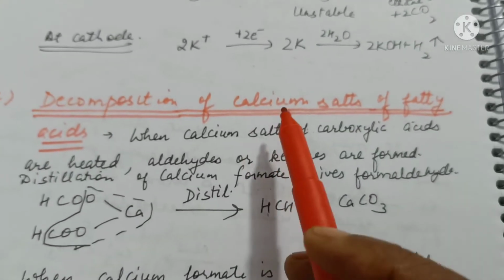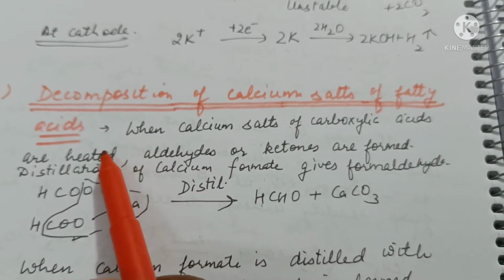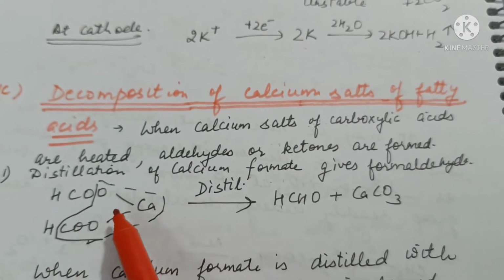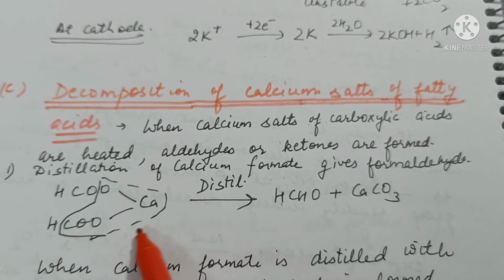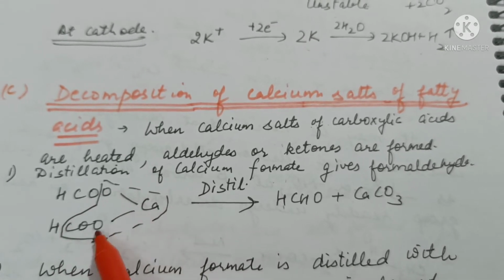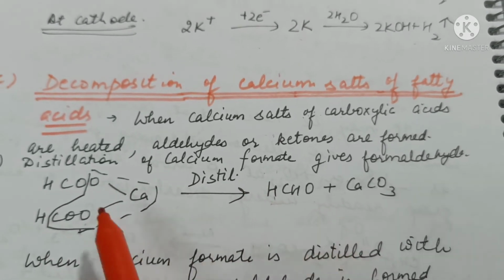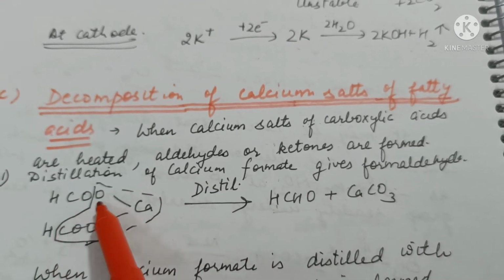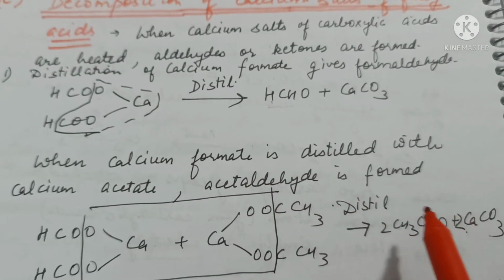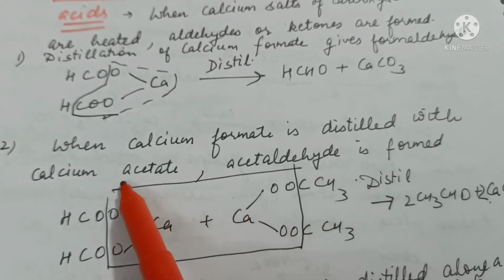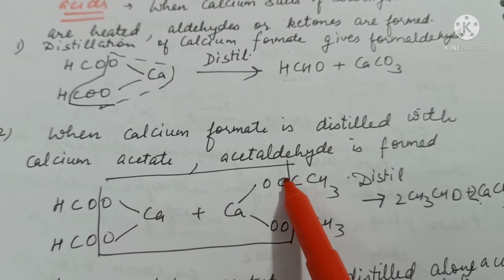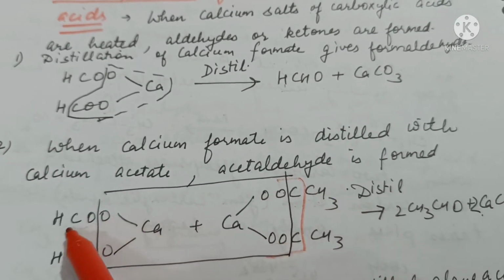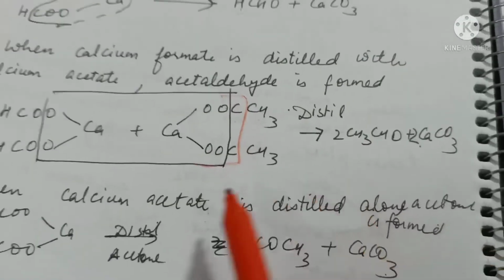Then calcium salts of fatty acids also decompose and lose their carbon dioxide in the form of calcium carbonate. When calcium formate is distilled, formaldehyde, HCHO, is formed and calcium carbonate, CaCO3, is given off. When calcium formate is distilled with calcium acetate, two molecules of calcium carbonate will be formed and CH3CHO will be formed.